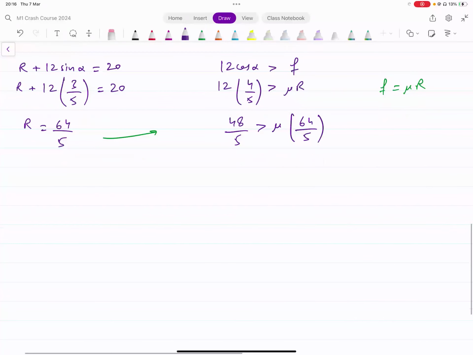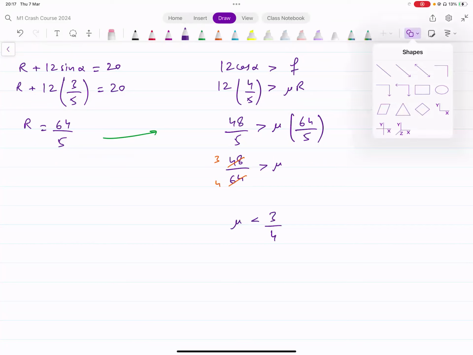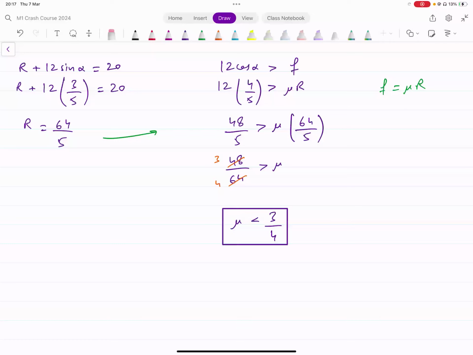Now, just make mu the subject, as in take mu to one side, everything else to the other side. 5 and 5 are going to get cancelled. 64 goes to the denominator there. And you have 48/64. That is greater than mu. If you were to simplify this, that is going to give you 3/4. So 3/4 is greater than mu. That means mu is less than 3/4. That's another inequality that you're getting in this case.